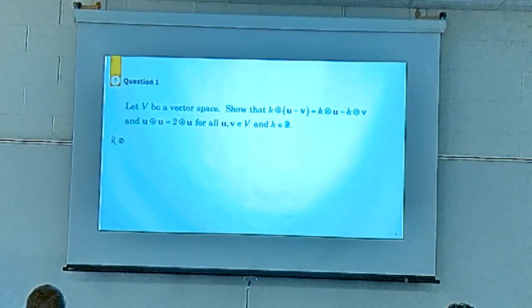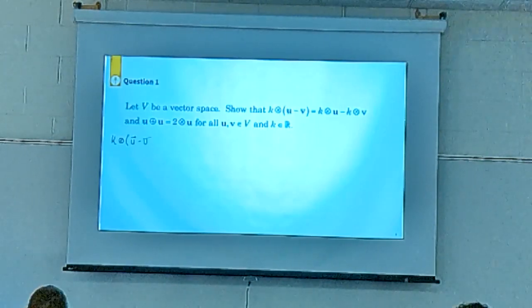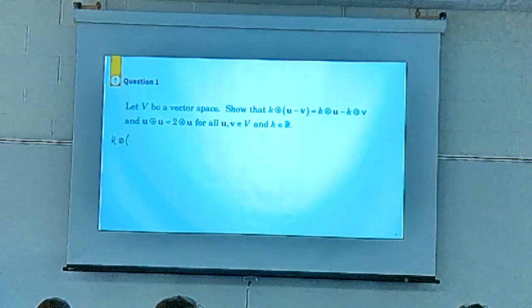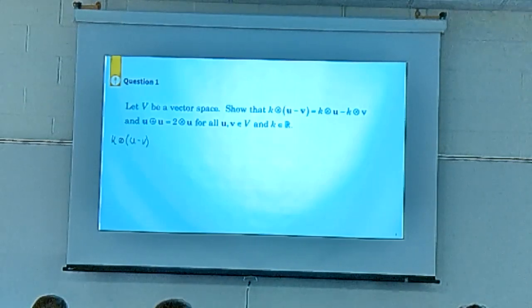Let's start with k times the quantity. I'm not going to bother writing the arrows, it's going to get annoying. We'll just take u and v. We know that they are vectors in the vector space.